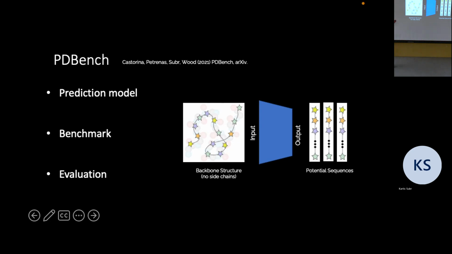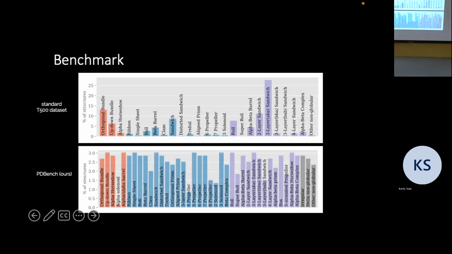What the other student is looking at is, instead of giving this structure, you say, I want this structure to move like this. So let's say you give it keyframes of 5 different structures, and you say, find me the best sequence that will produce a protein that works like this. That's where we are. And what we found was that all the machine learning work in this area was using this as a training data set, where the distribution across the different types of proteins was very skewed.